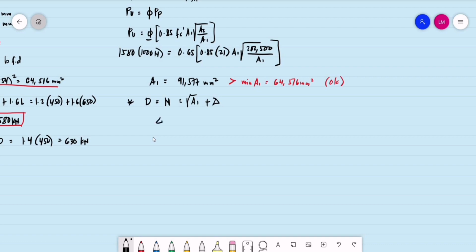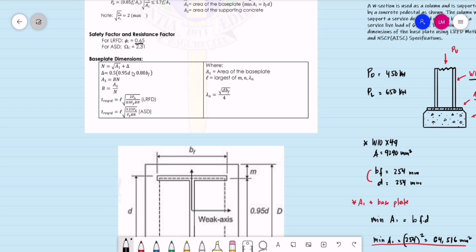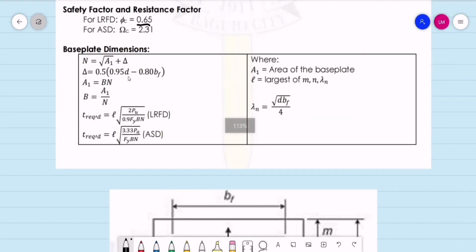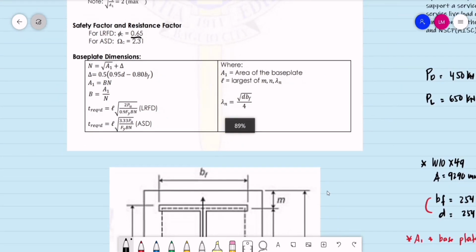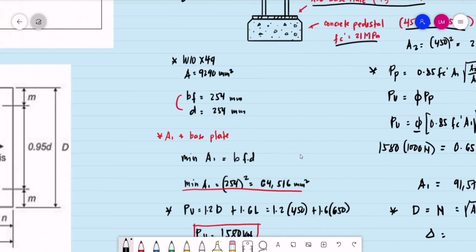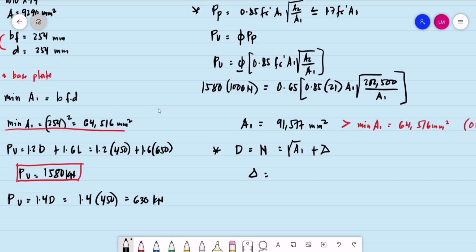How do we compute for the value of delta? So delta is equal to 0.5 of 0.95 of D minus 0.8 of B sub F.